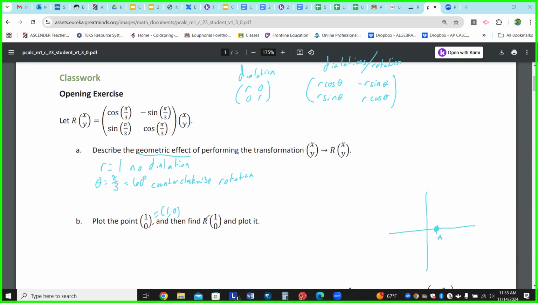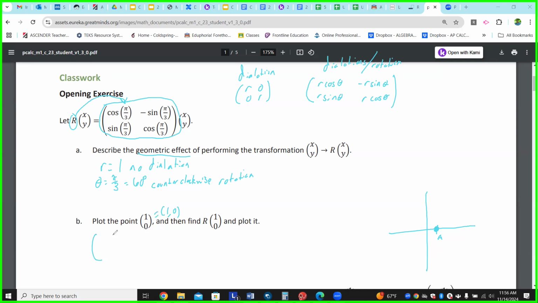Then it tells me to find R times (1, 0). Remember, the R is this entire matrix right here. And it might be a little bit harder to tell exactly what to graph when it's written like this. So it's a little bit easier to just pull the fractions from our unit circle to get our answers. So at cosine pi thirds, I would go to pi thirds in pink and then look at the yellow, and cosine is the x value.